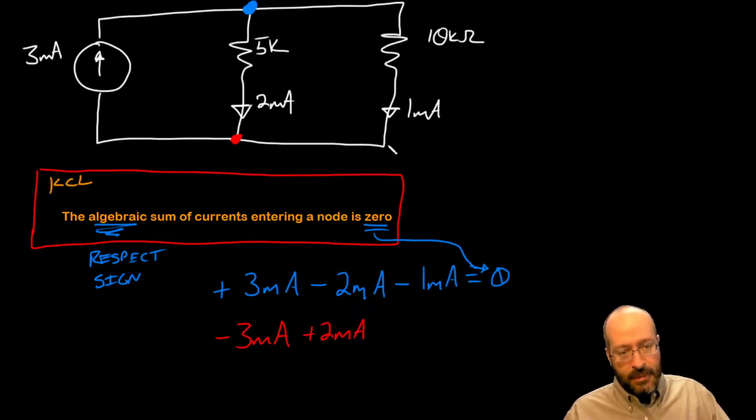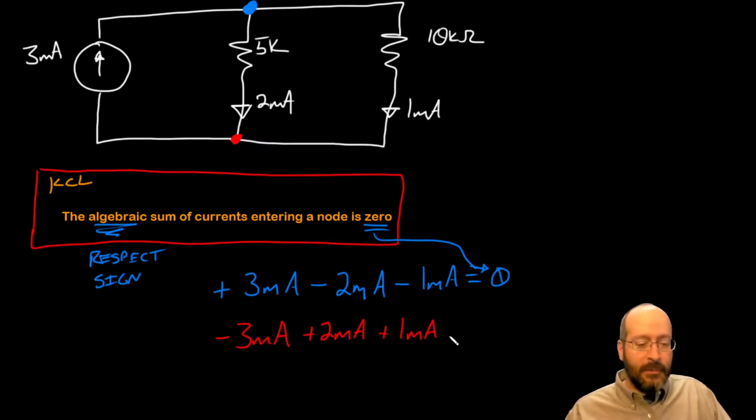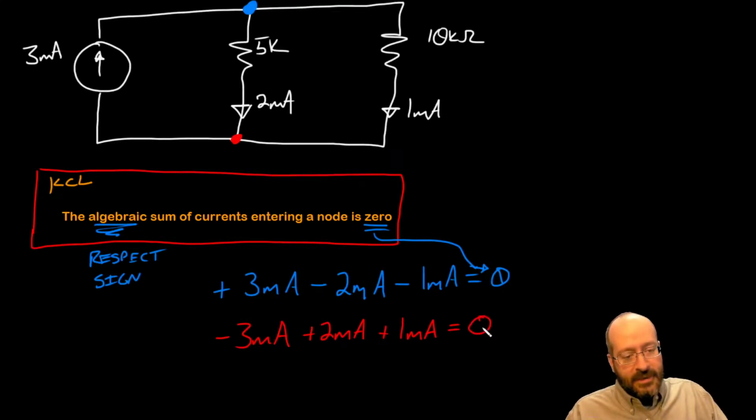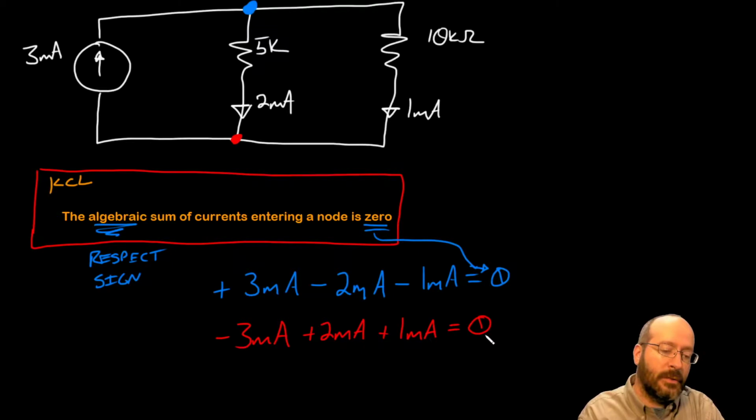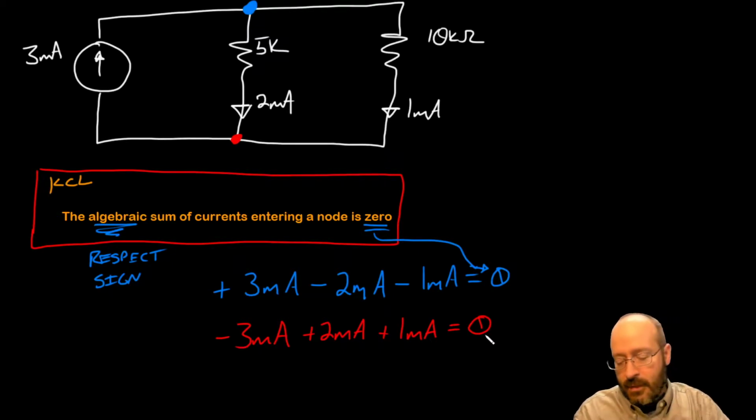And this 1 mil over here is also flowing in, so it will also be plus 1 milliamp. Those are all the components connected to the node, and it's equal to 0. Negative 3 plus 2 plus 1 ends up being 0 as well. So that's the long and the short of Kirchhoff's current law.